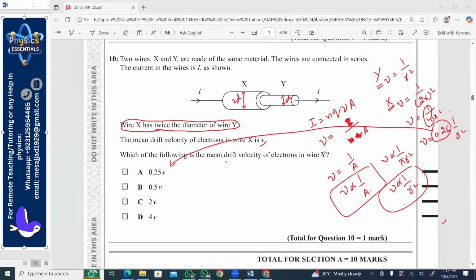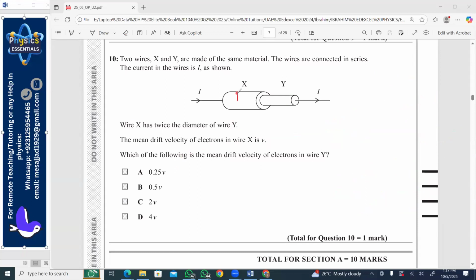I think I did it for x, not for y. So for x, it's 0.25 V, but they are asking for y, okay.